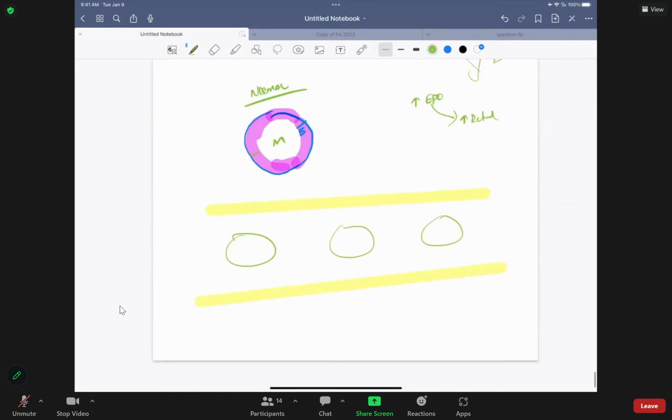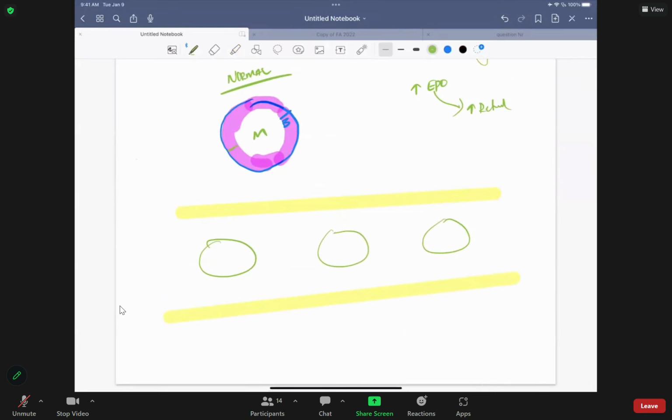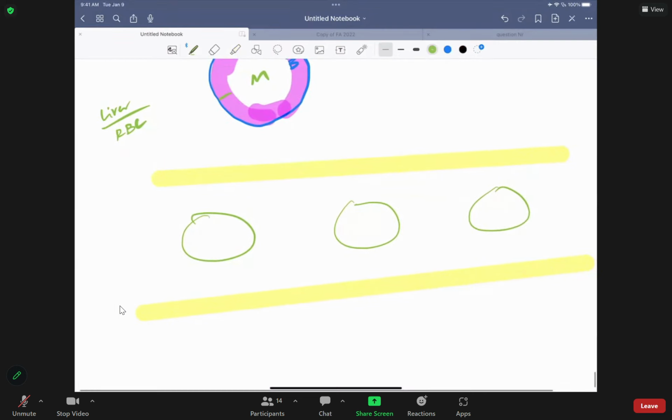Now, what happens, folks, malaria comes and they live in 2 places. They live in the liver and they live in red blood cells. There's a cycle of schizogony and gametogony, okay? They live in the liver and red blood cells. What they do, they go inside the red blood cell and they multiply inside the red blood cell. Is that clear, folks?